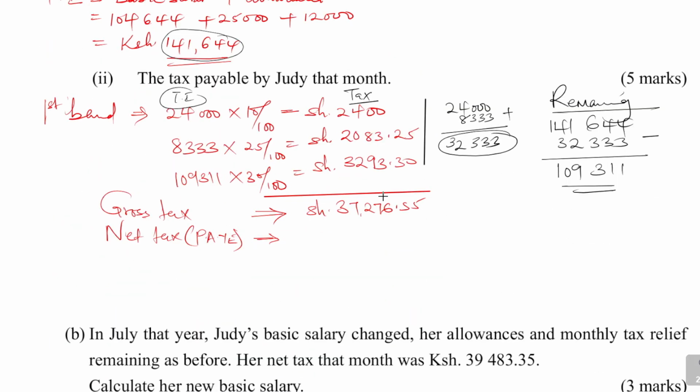So we subtract that 2,400. When you subtract, we end up with the net tax of 34,876 and 55 cents, and that is the solution. That is the tax payable by Judy that month.